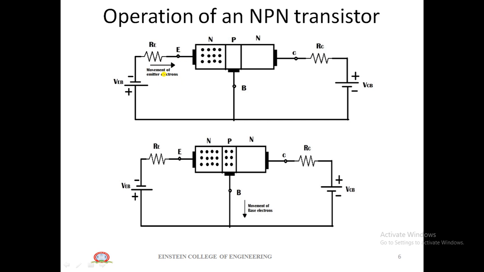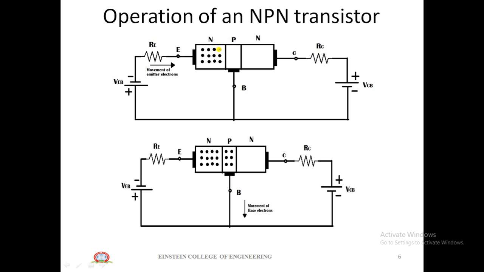Because of the forward bias, the electrons in the N layer will move towards the base region. Base region is the P material. So there will be a number of holes. This constitutes the emitter current.